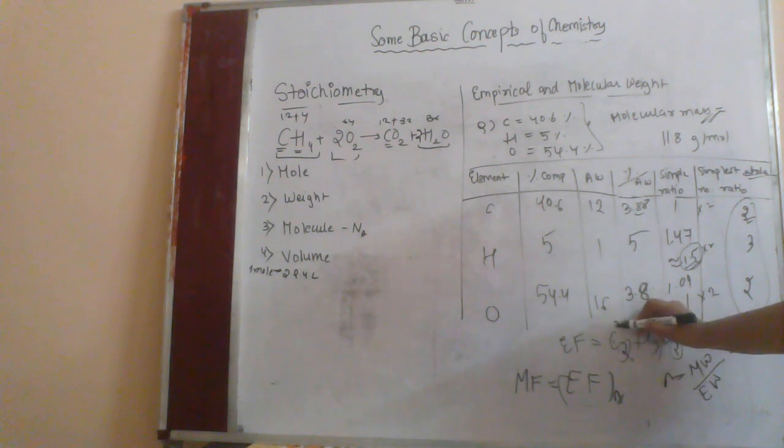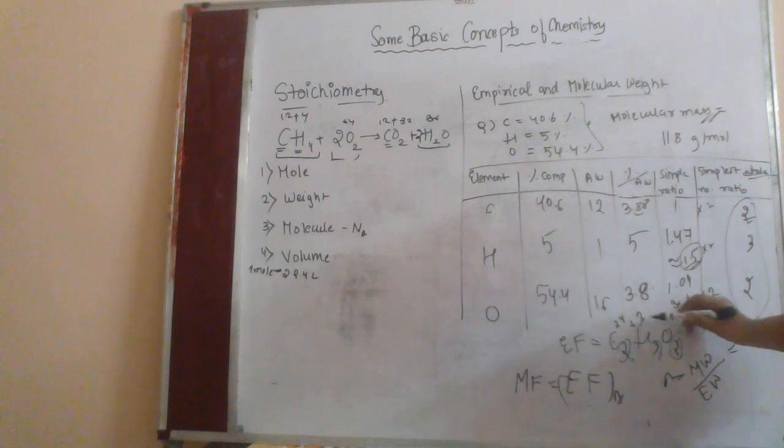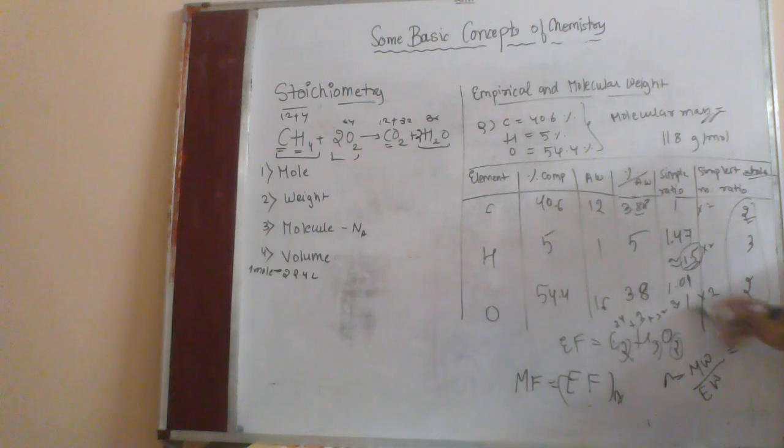The empirical weight of this you need to find. Carbon 2 times 12 is 24, plus hydrogen 3 times 1 is 3, oxygen 2 times 16 is 32. So you will get the weight as 24 plus 3, that is 27, plus 32 is 59. We will get 59.